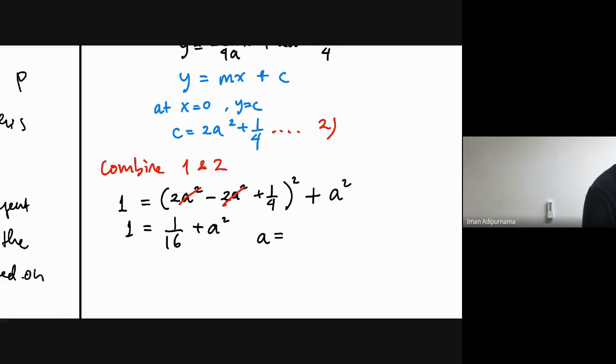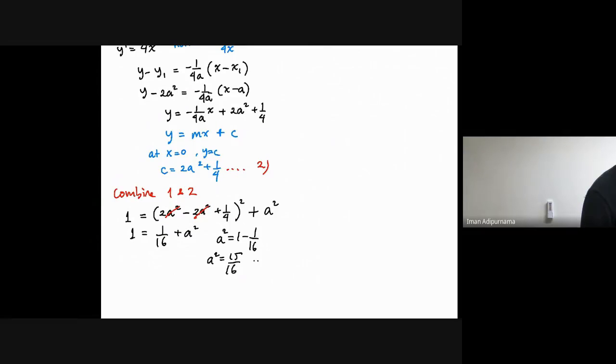So you will have a squared equals 1 minus 1 over 16. So a squared is 15 over 16. Or you can say that a is plus or minus the square root. And notice that because of the symmetry, the other one with the minus sign will be b. So I will write a as the positive one and b as the negative one.